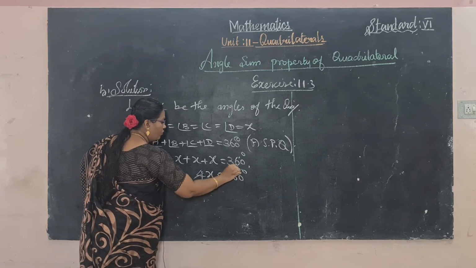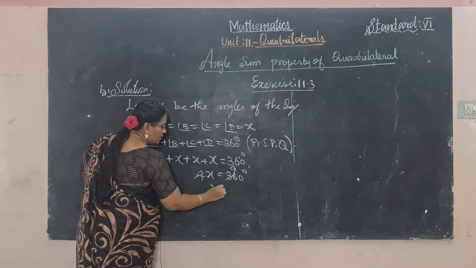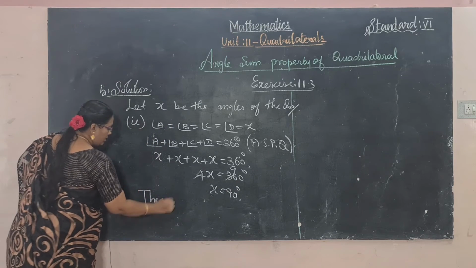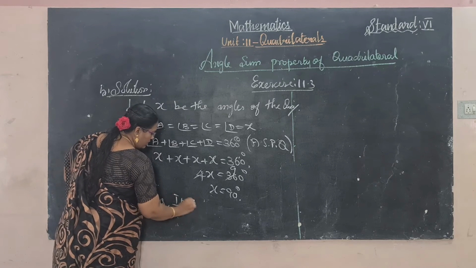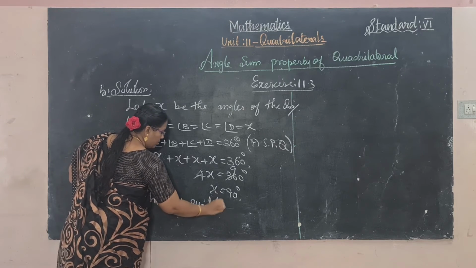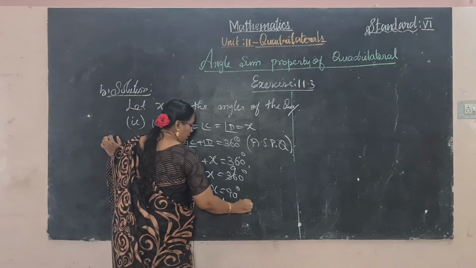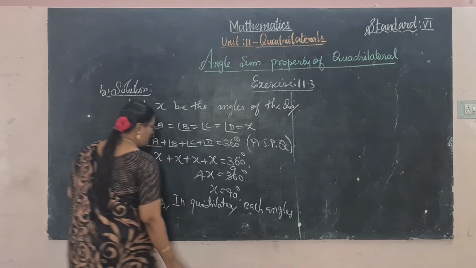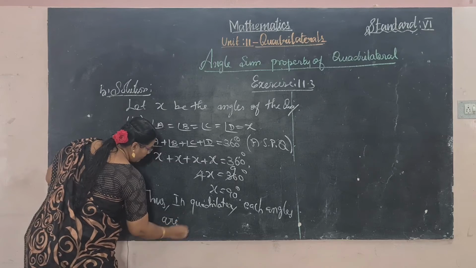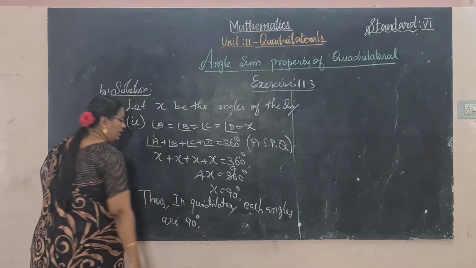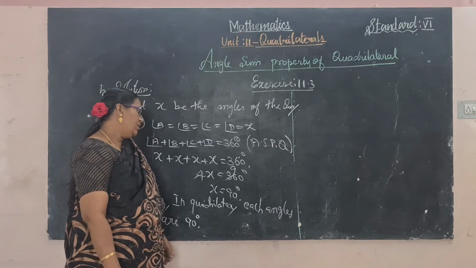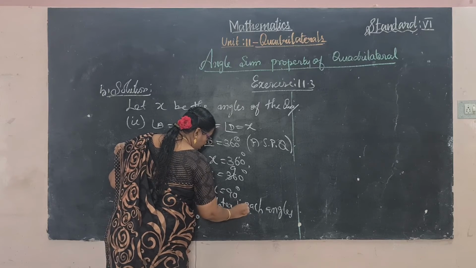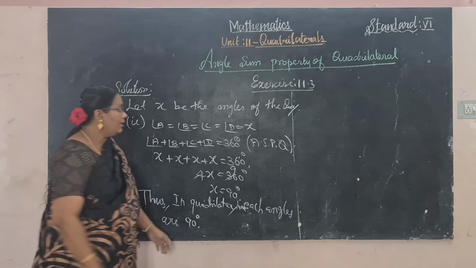Cancel in the 4 table, 4 9s are 36. So x equal to 90 degree. Thus in the quadrilateral, each angle is 90 degree.